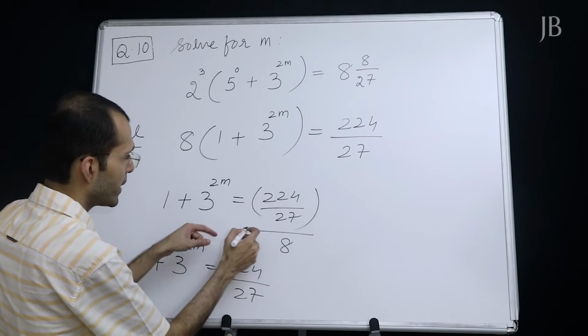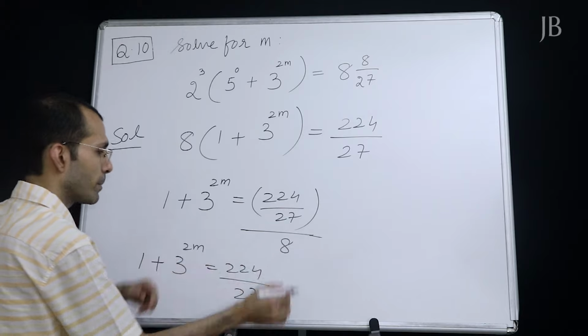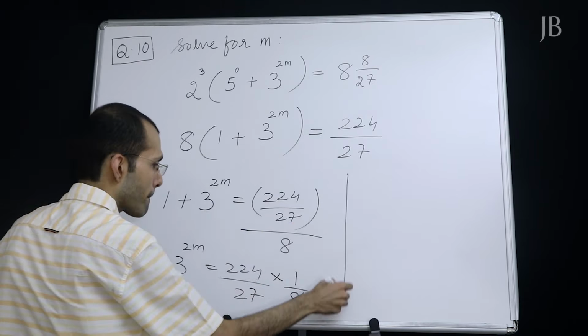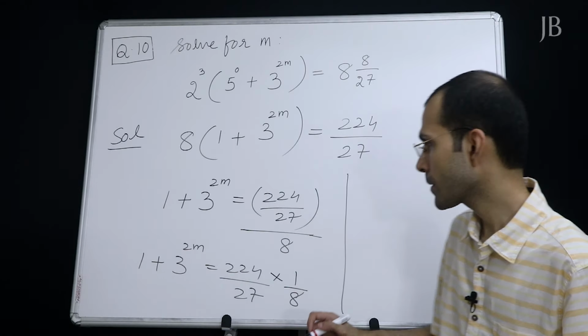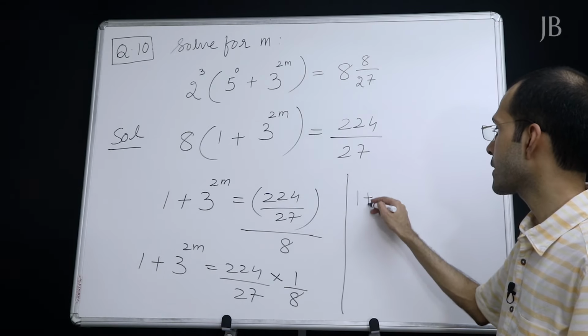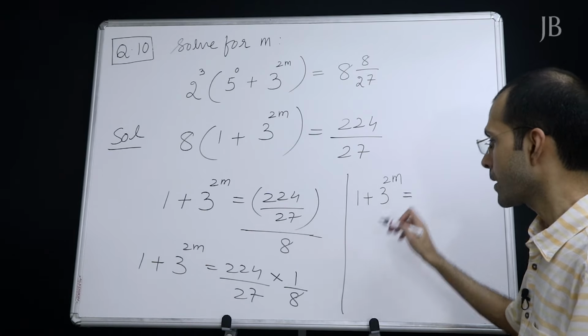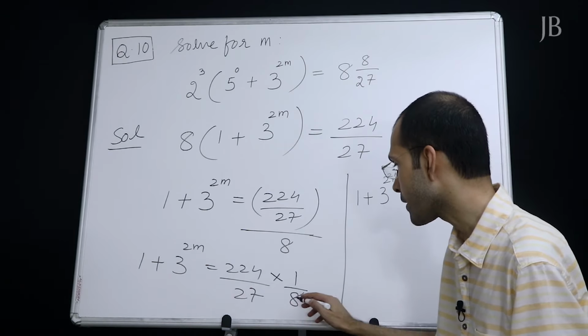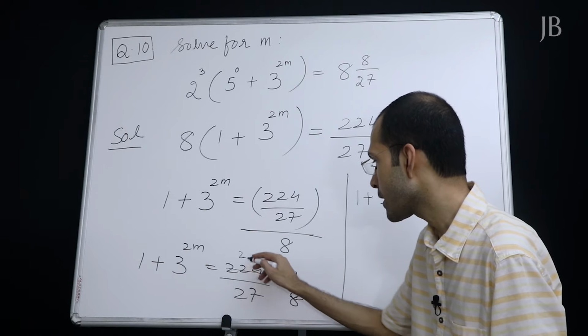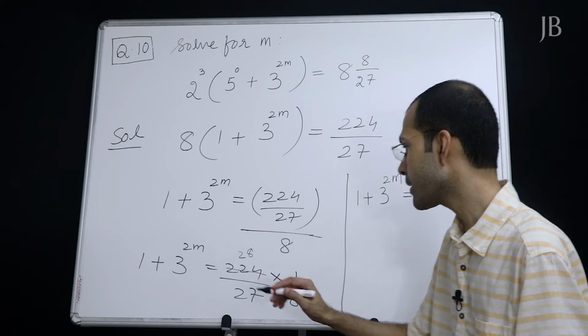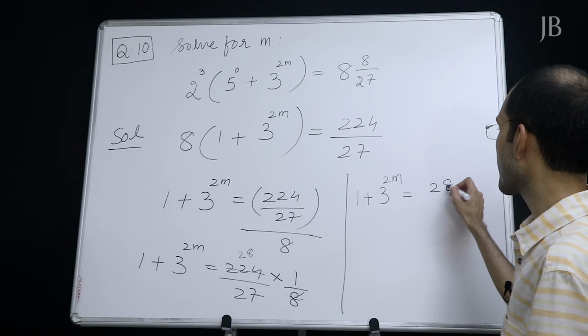This is the main division line now. This will become into 1 upon 8. So 1 plus 3 raised to 2m. This will get cancelled. 8 2s are 16. 6 remainder. 8 8s are. This works out to be 28 upon 27.